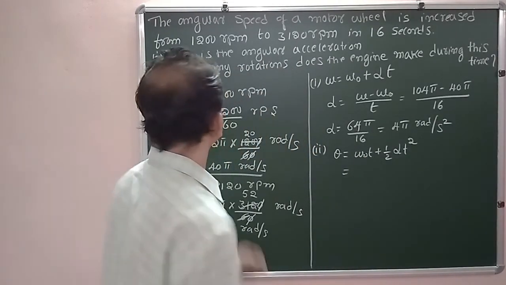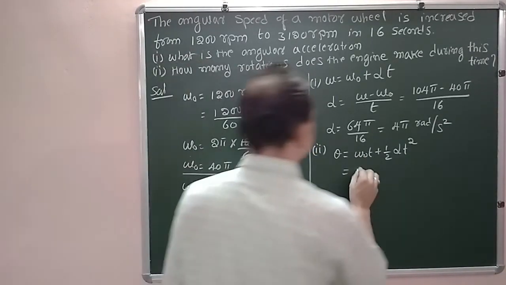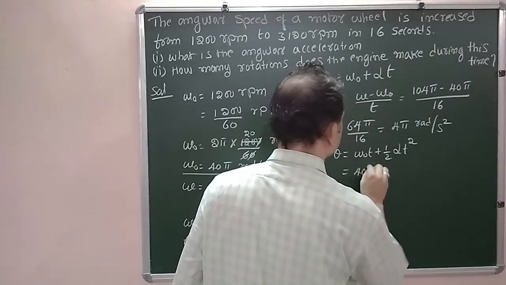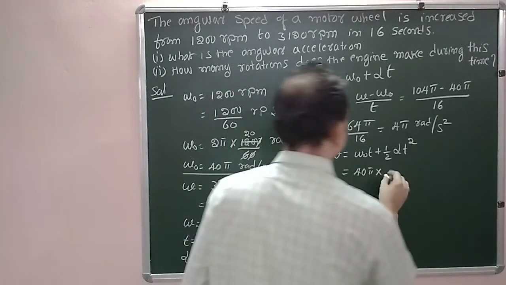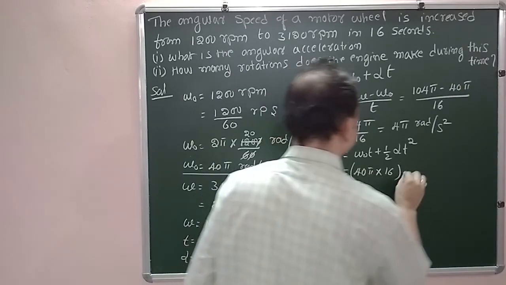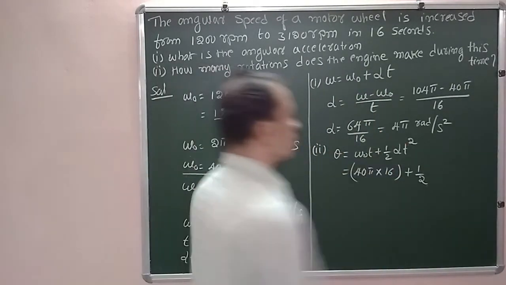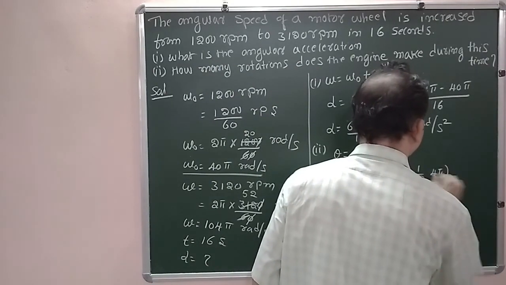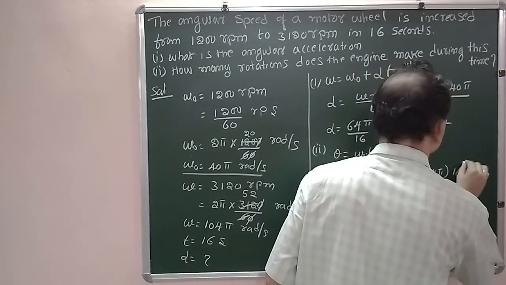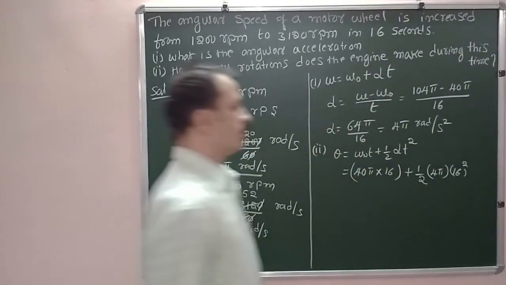Now, omega naught is 40 pi into time 16, plus half into alpha, which is 4 pi, into 16 square.